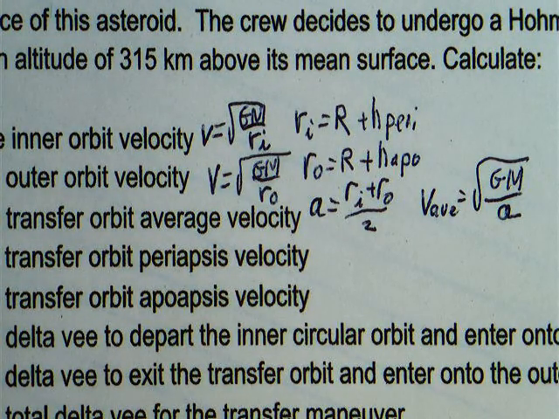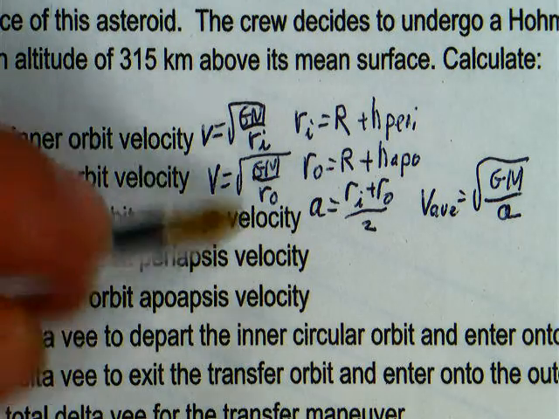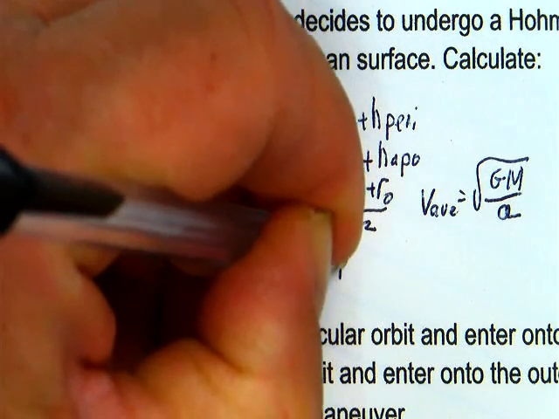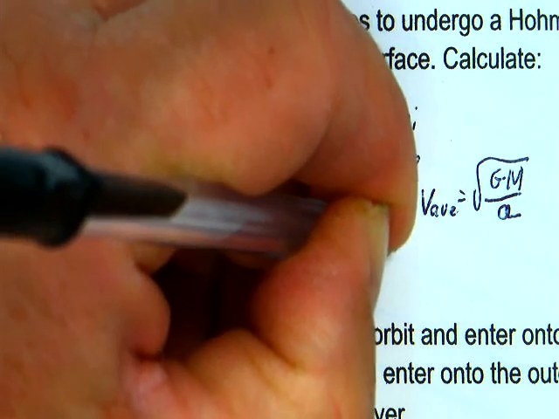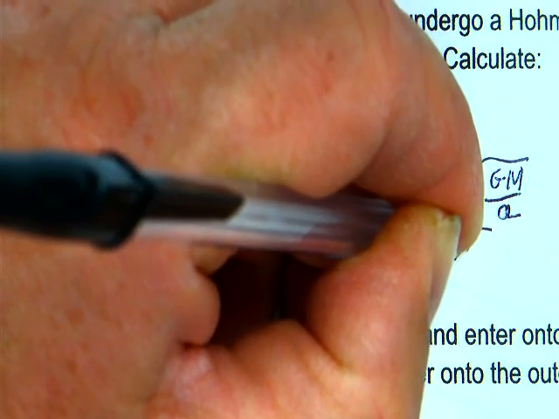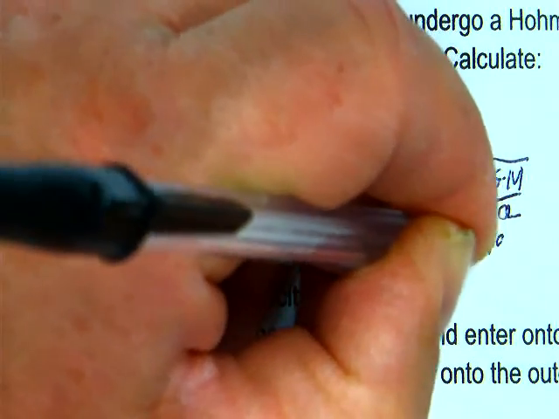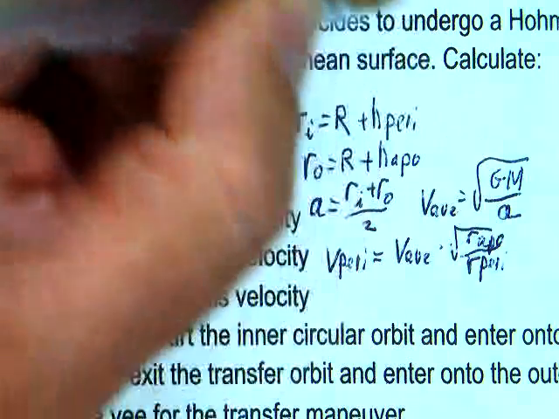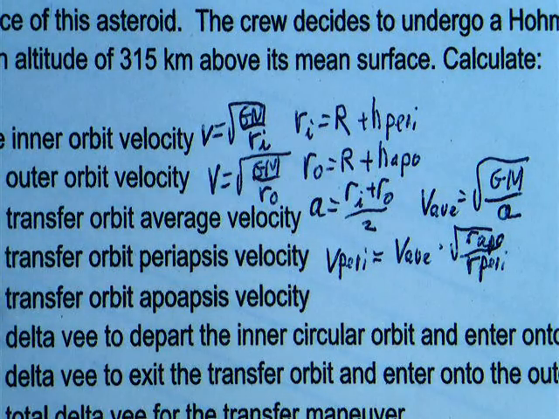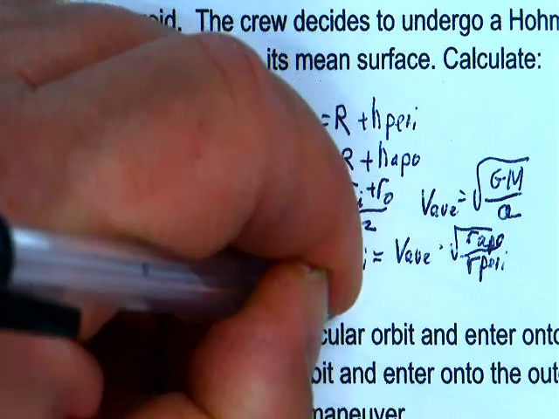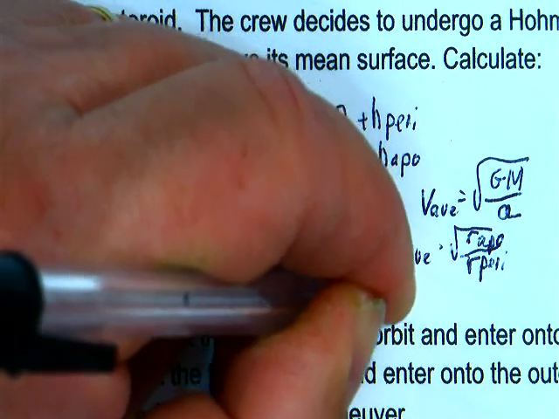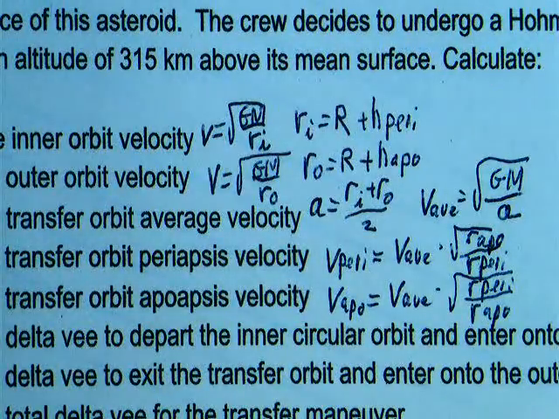Part D, the transfer orbit periapsis velocity. The periapsis velocity is the average velocity times the square root of the apoapsis radius divided by the periapsis radius. Part E, transfer orbit apoapsis velocity. The apoapsis velocity is the product of the average orbital velocity either divided by that or times the square root of the periapsis radius divided by the apoapsis radius.